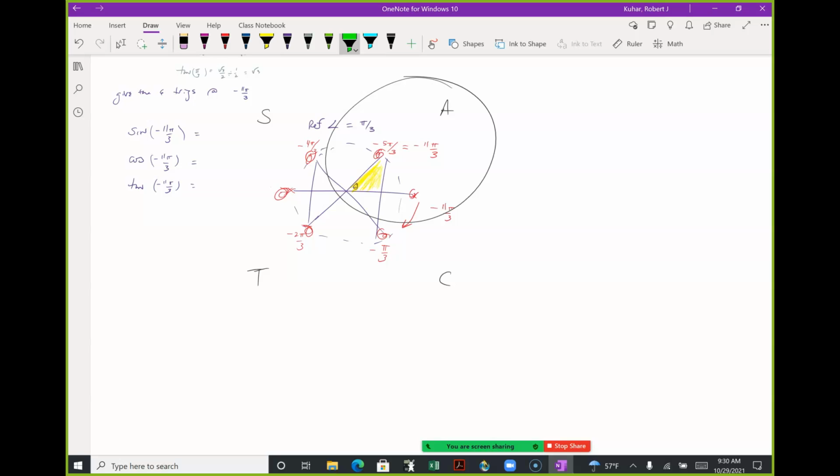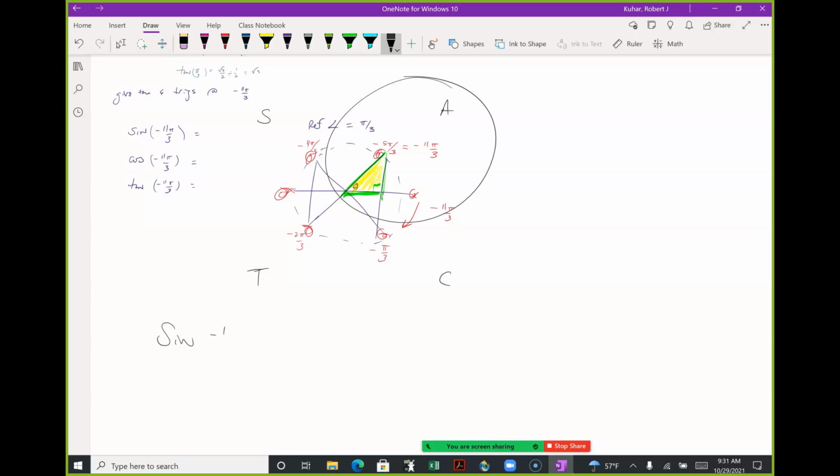Are you with me here? The right triangle. The angle has to be formed with the x-axis and the hypotenuse. Okay. So now this is pretty easy.